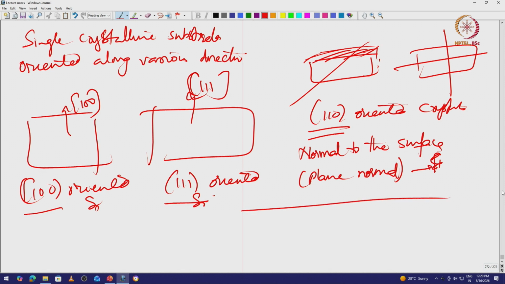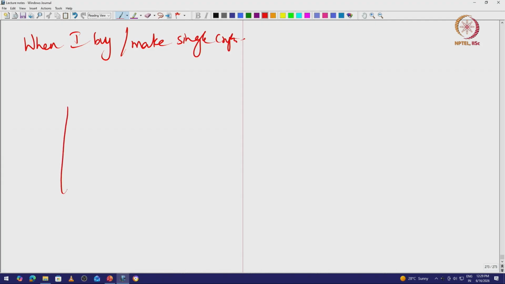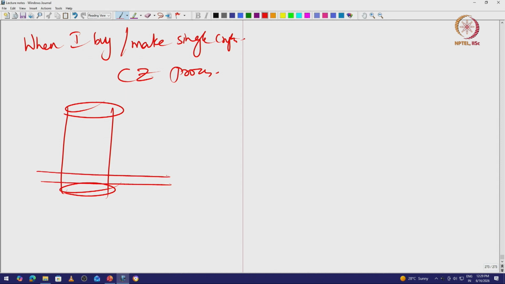Now, typically when I buy substrates, when I buy single crystals, you can buy or make single crystals. Let us say I am growing an ingot of silicon through the Czochralski process, and eventually I have to cut it into various wafers.